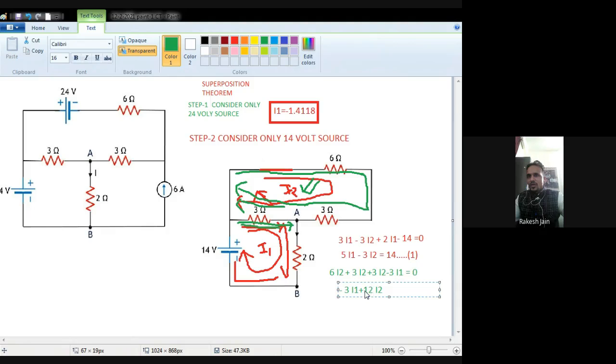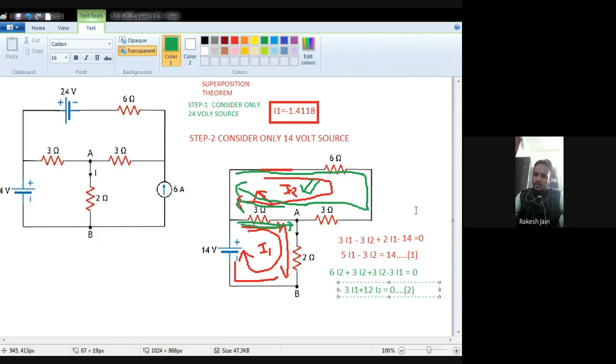That's why the current direction is opposite. But because I am writing the first mesh, I write 3I1, minus the I2 current with negative sign, so minus 3I2.